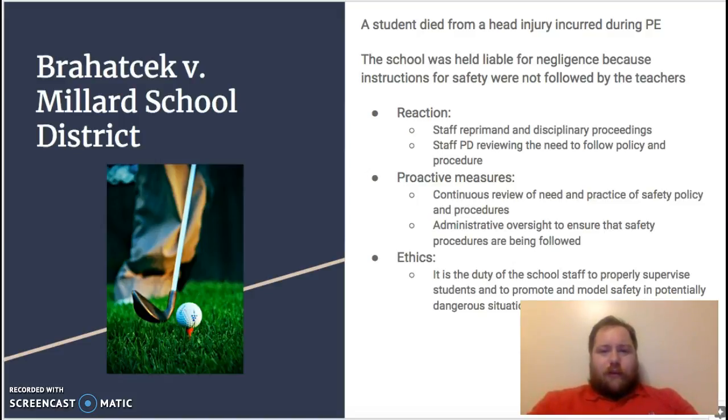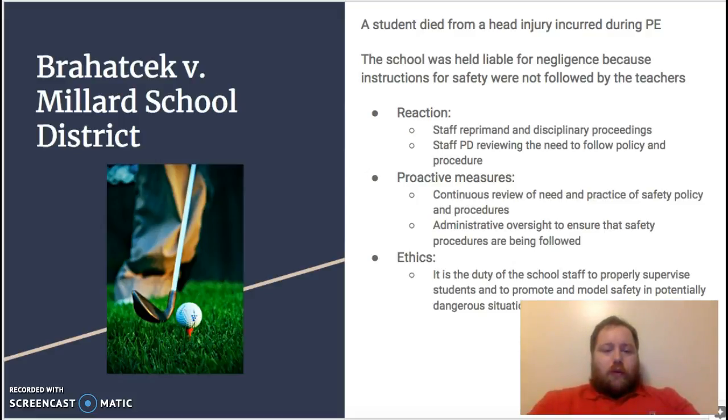One of the teachers was a student teacher, and the student who eventually died from the injury was helping another student. The student who accidentally caused the injury had been gone the previous day and had missed the instruction on safety, and the safety had not been gone over again the second day when this student was there.